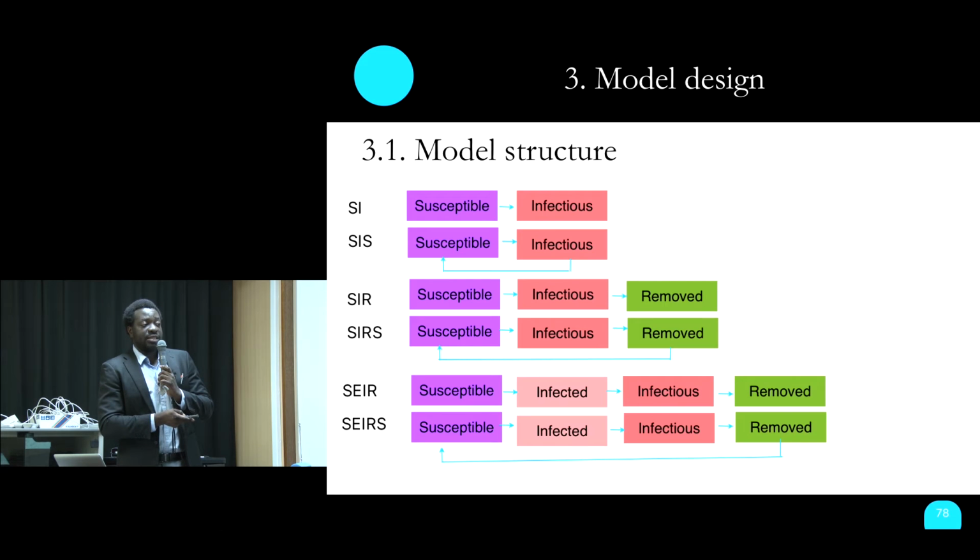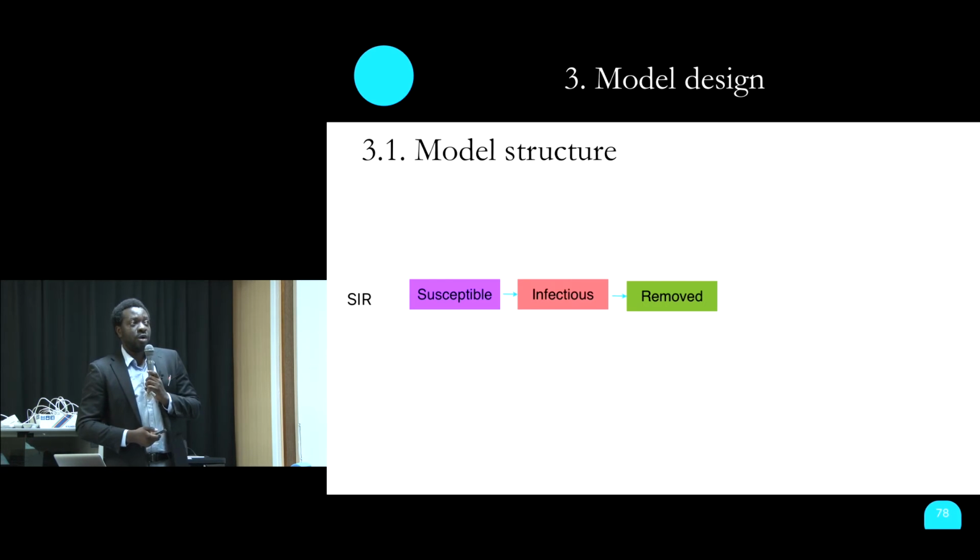And then we have the SEIR and the SEIRS, the same. The only difference is that we have this stage here. Remember, I mentioned in the beginning that you are infected, but you cannot transmit the infection to other people. So this stage, we don't have it in the SIR.